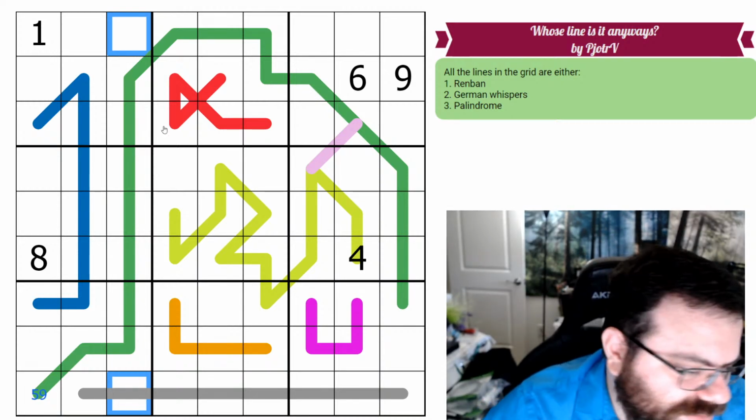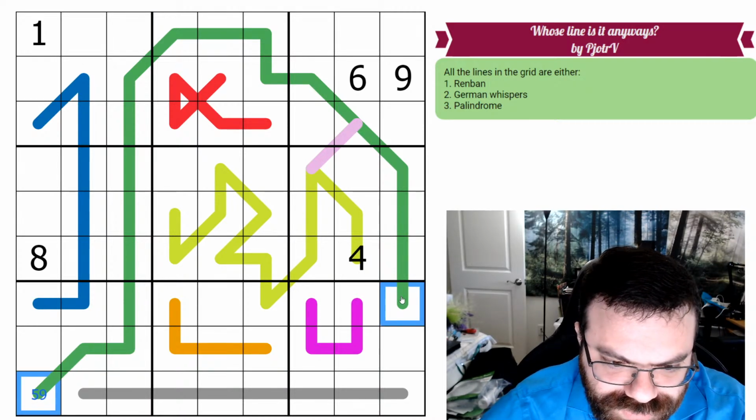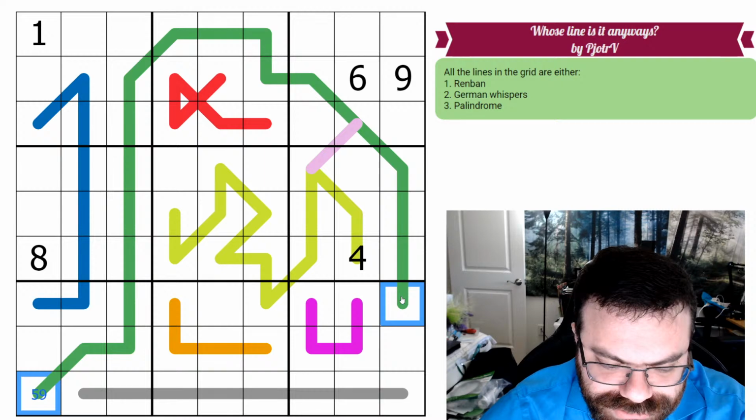If green is palindrome, where can 9s go? So if green's a palindrome, then these are both 9. Sorry, these are both 5. I'm not sure what you're talking about, 9s.